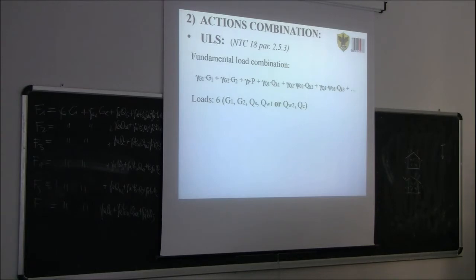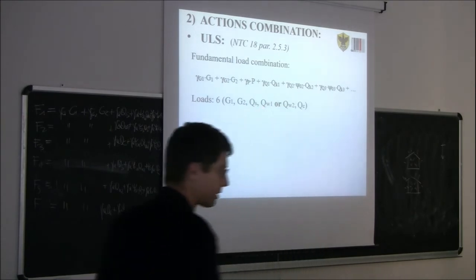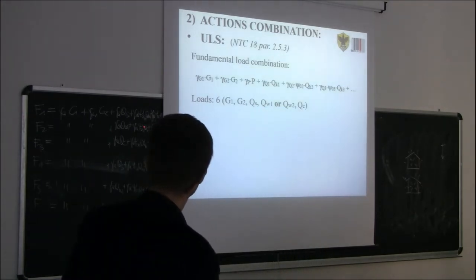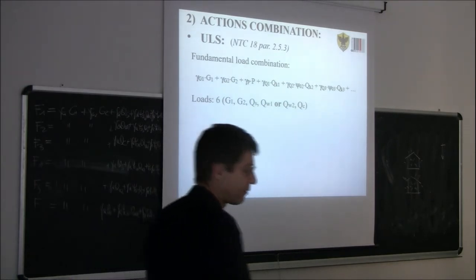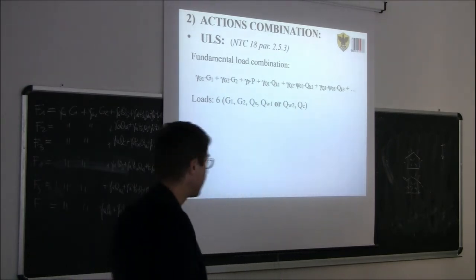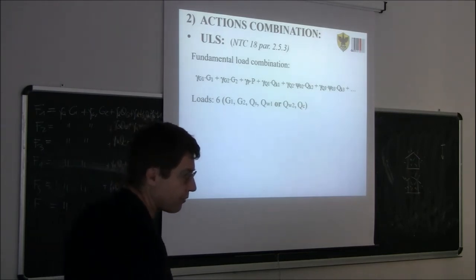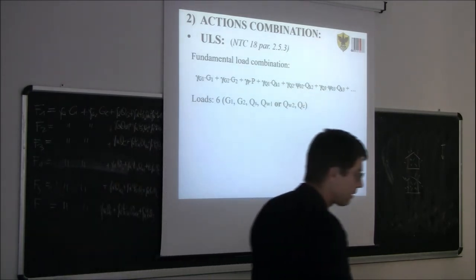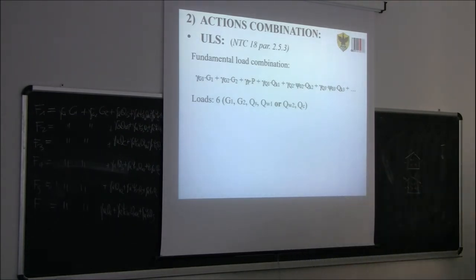It was a pressure. So if QW1 is a pressure, which value of gamma Q should we put here? Unfavorable, so 1.5. And then we need to find the psi 0 coefficient. Psi 0 coefficient would be, depending on the load condition, it could be 0, could be 0.5, 0.4.